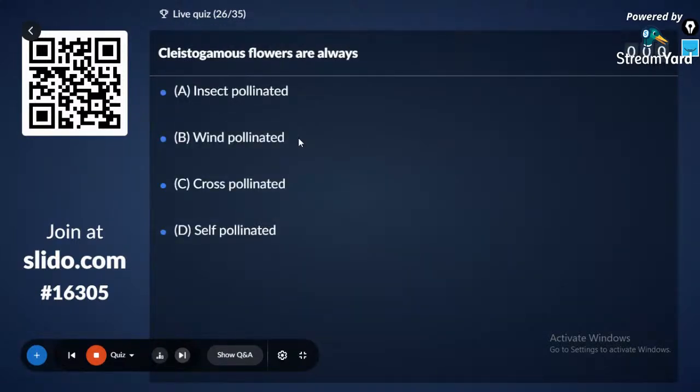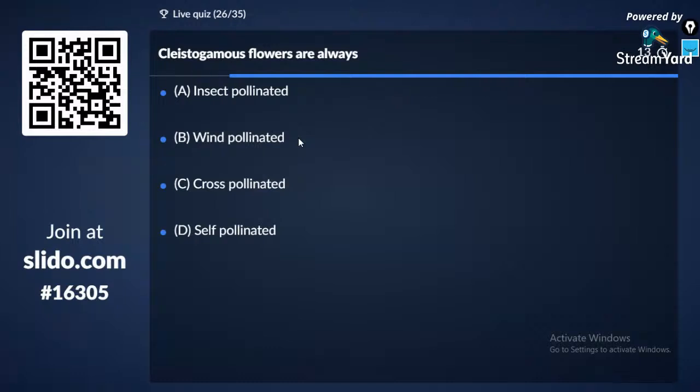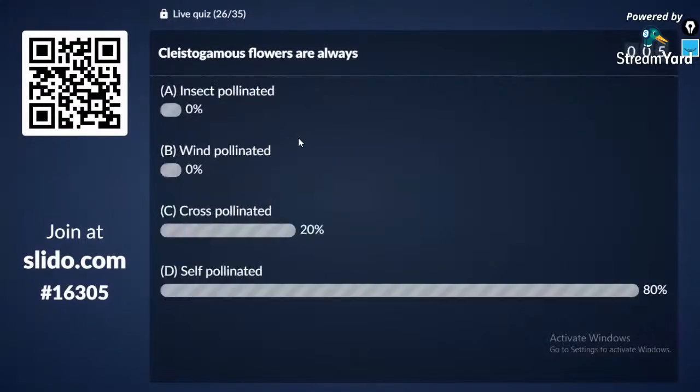Next question on the screen. Cleistogamous flowers are always insect pollinated, wind pollinated, cross pollinated, or self pollinated? Cleistogamous flowers are those flowers which do not open at all, so there is no chance of any insects, animals, or birds.